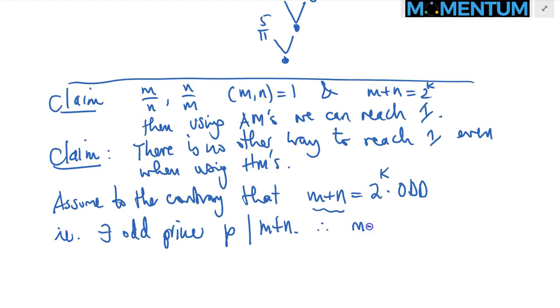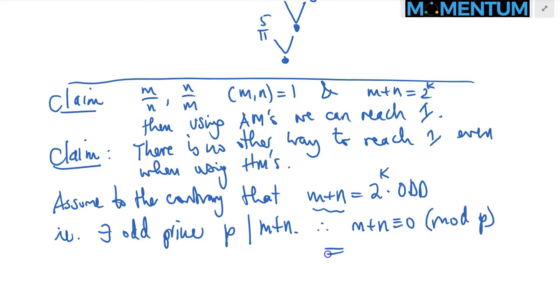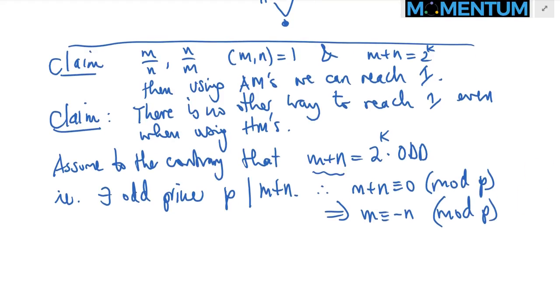So m plus n is congruent to 0 mod p, which would imply that m is congruent to minus n mod p. Now let's abuse the notation a little bit, but I think it's clear.